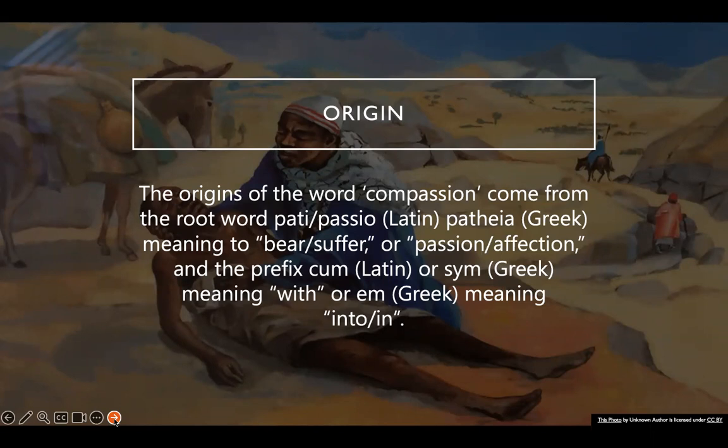It's quite similar with dalamhati, no? Dala-dala, yung dala-dala, may dala-dala. And the prefix cum, which is Latin, cumpati, which means with passion, or sym, which is also the origin of the word sympathy, no?